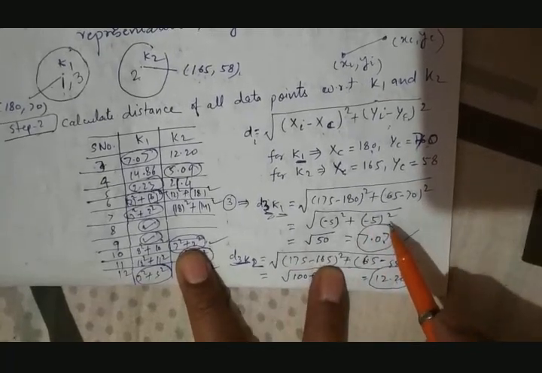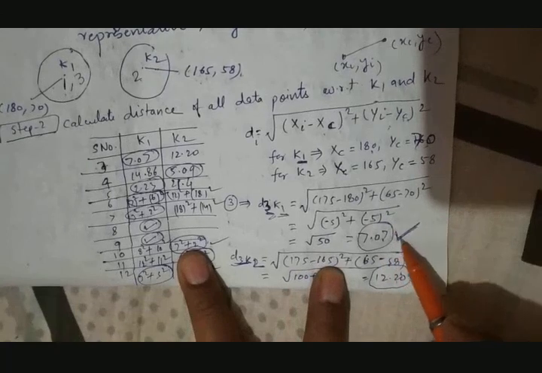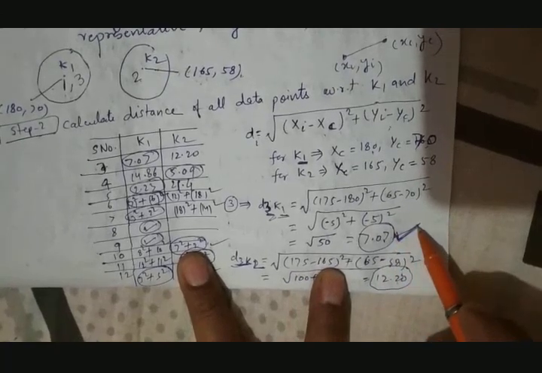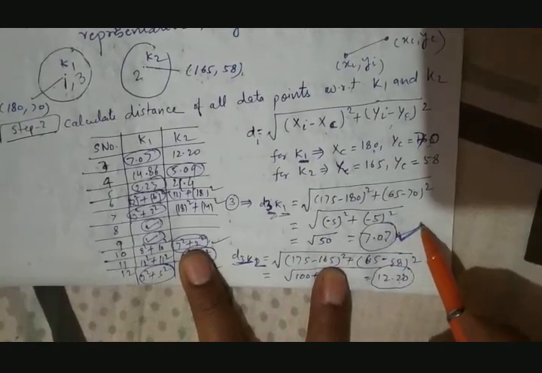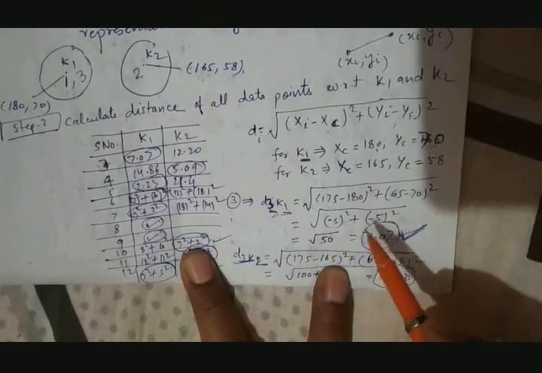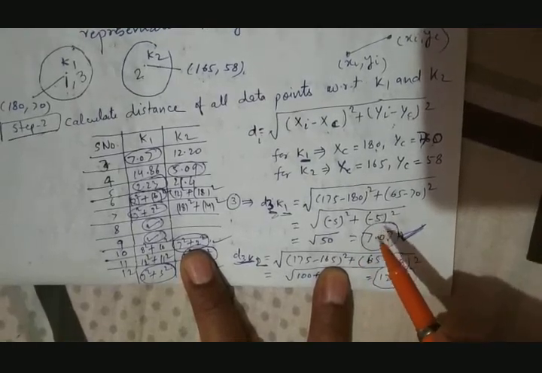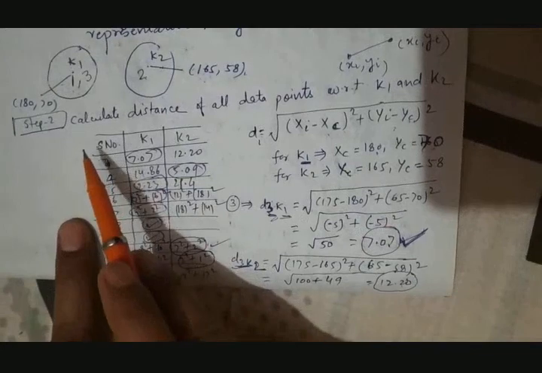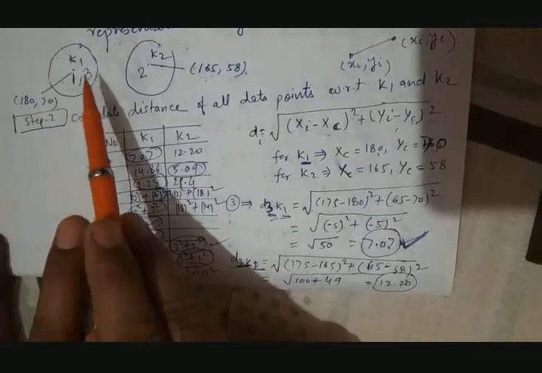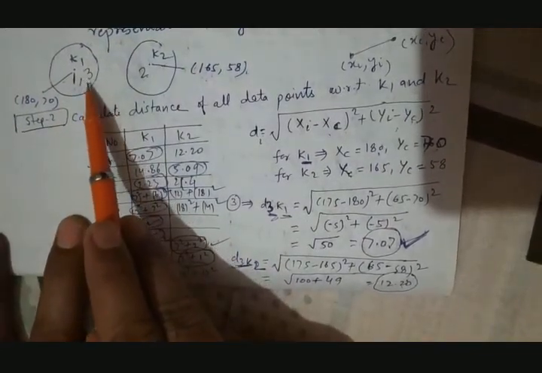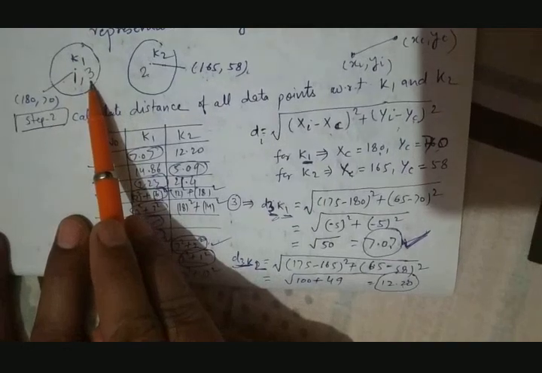The first one is the least. It means the third data point is very much matching with K1, so it will be moved to cluster K1 and added over here.